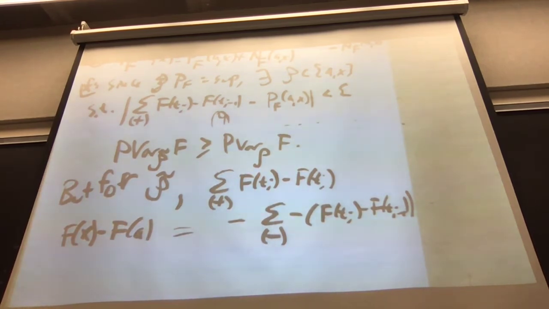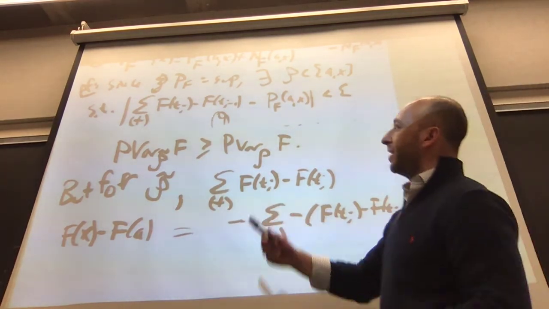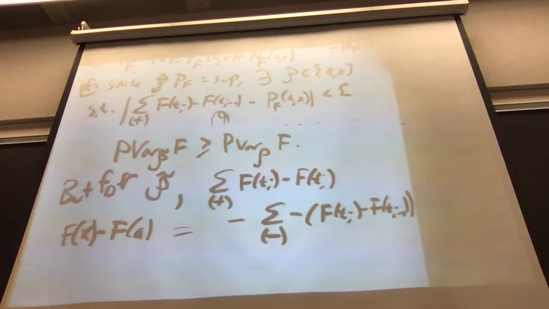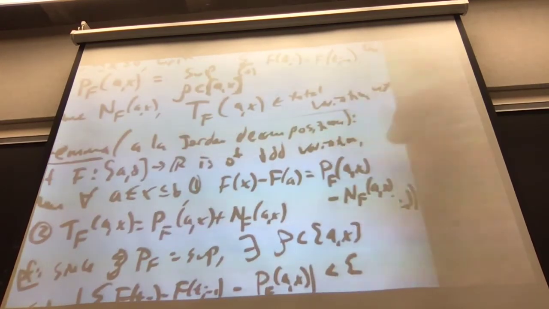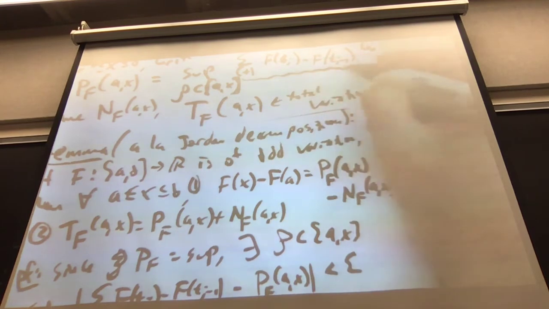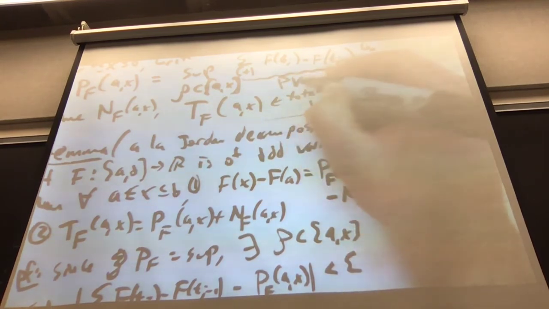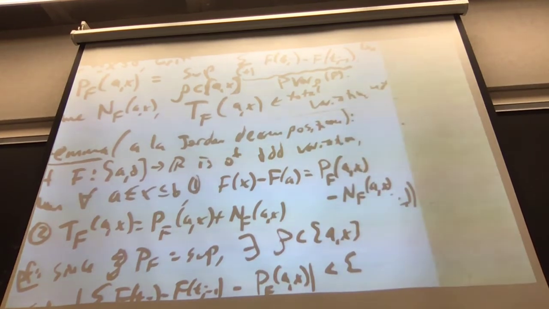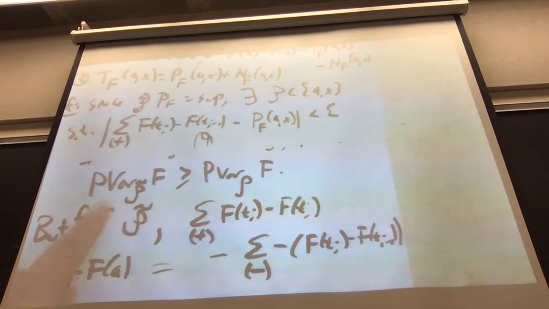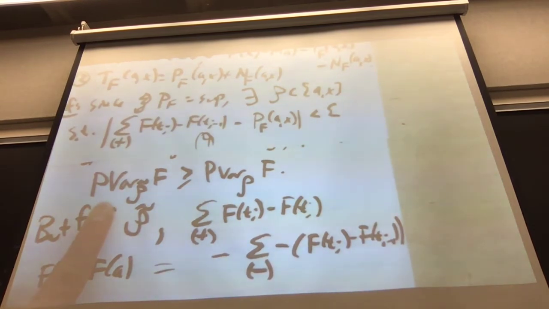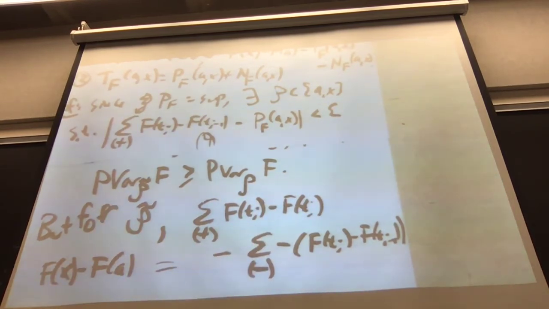What is the meaning of P variance? What I mean is this expression, wherever it is, I'll call the positive variance given that partition of that function. Okay? So those expressions only increase when you refine.